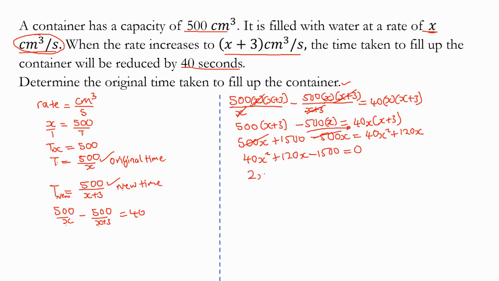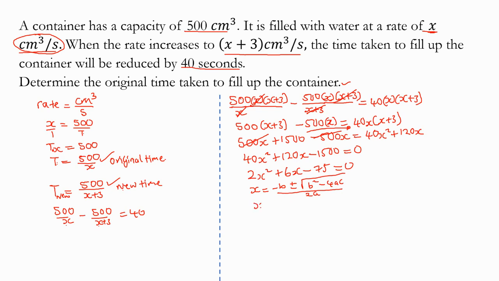So it's going to be 2x squared plus 6x minus 75 is equal to 0. Here we have to use our quadratic formula. x is equal to minus b plus or minus the square root of b squared minus 4ac, all over 2a.